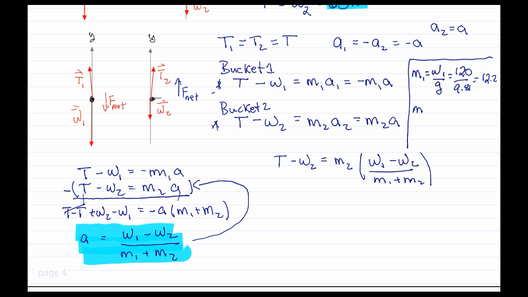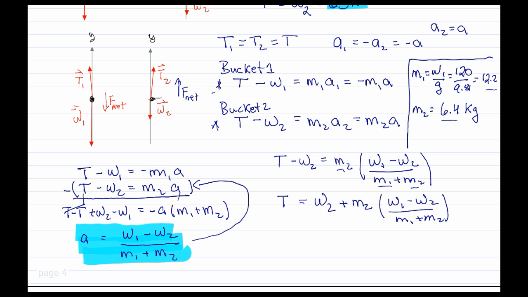And you can do the same thing to get m2, and you'll find that that is 6.4 kilograms. So we can use these numbers in our equation. We know W1 and W2, so we can go ahead and solve for T first of all. T is just W2 plus m2 times (W1 minus W2) over (m1 plus m2).